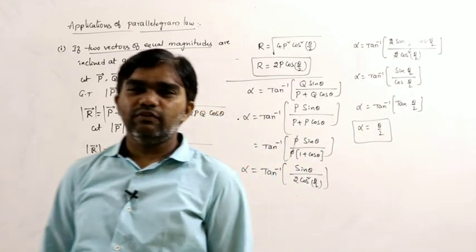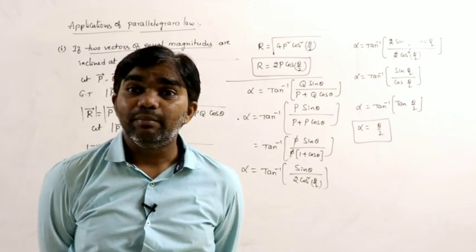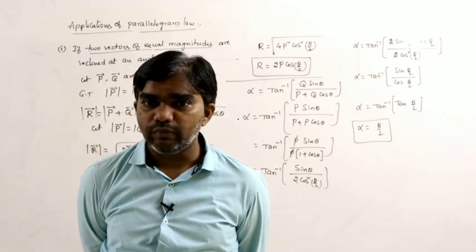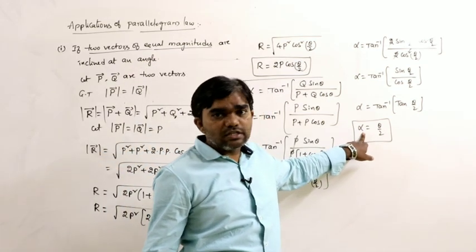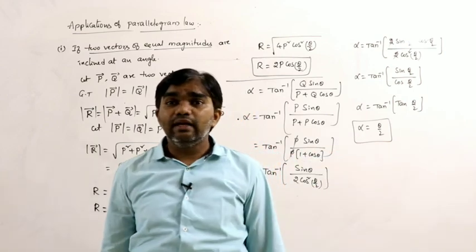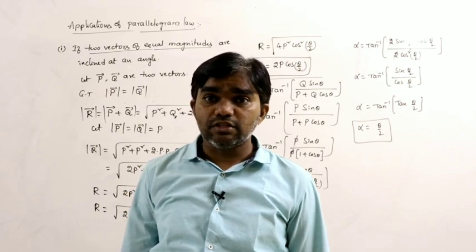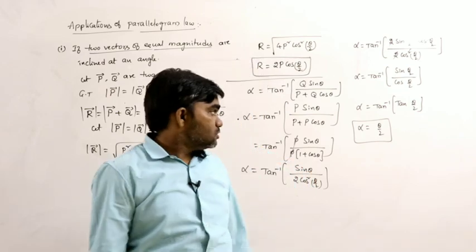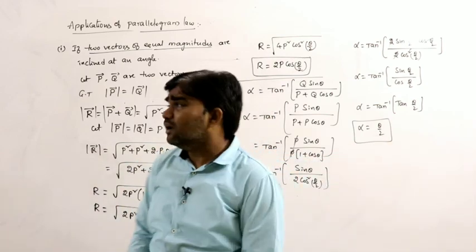What is the direction of the resultant? The direction of the resultant makes an angle theta by 2, half that of the angle between the two vectors. Here, what is alpha? The angle made by the resultant vector with the horizontal. So alpha equals what we got here, theta by 2. What is theta?